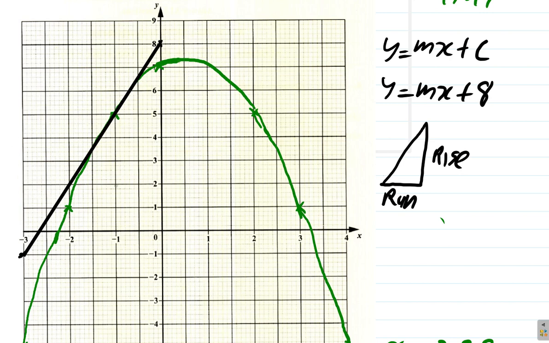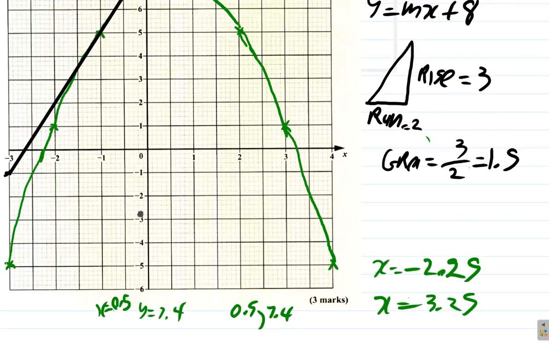How much does it rise? Rise is 1, 2, 3 up. So this is 3. And how much does it run across? 1, 2. It runs 2 across. So the gradient will be rise, which is 3, over run, which is 2, which is 1.5. That's estimating from the graph.